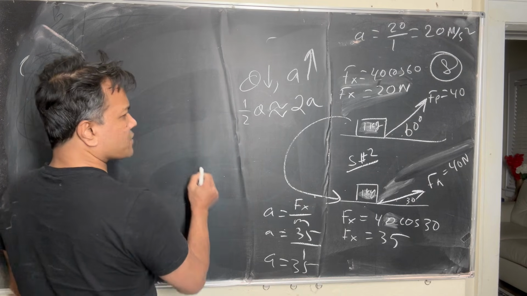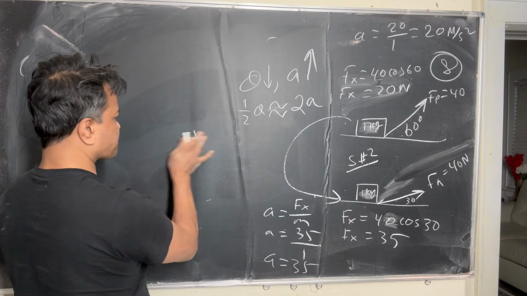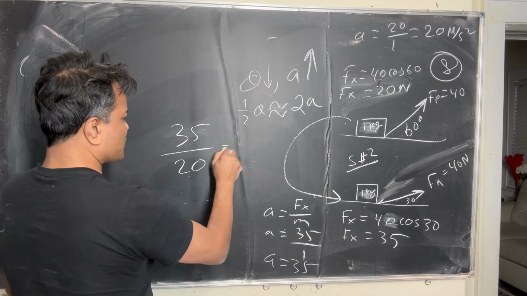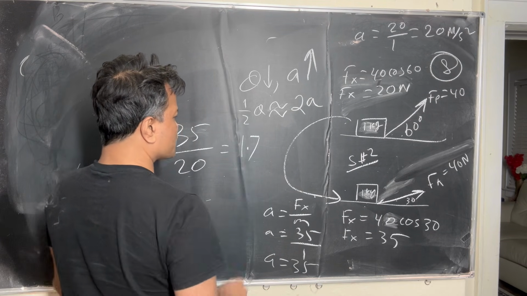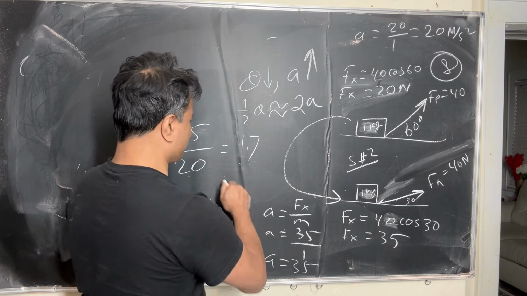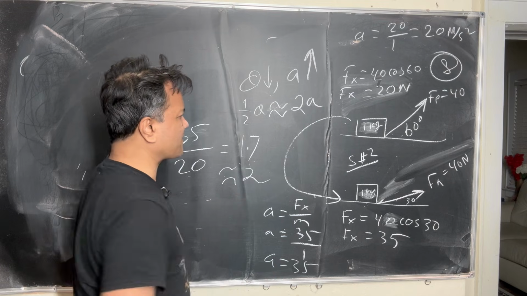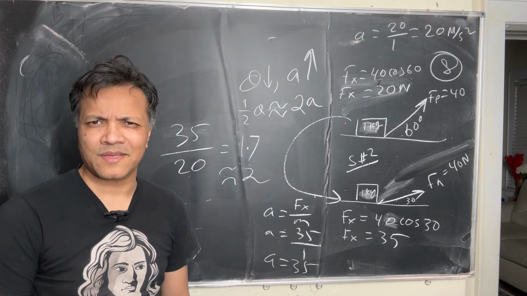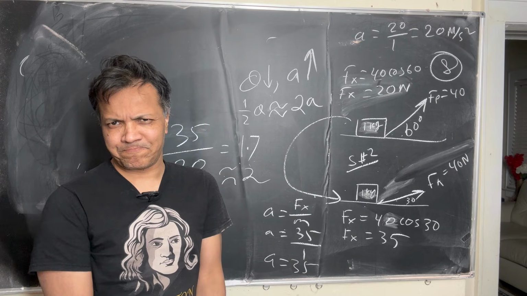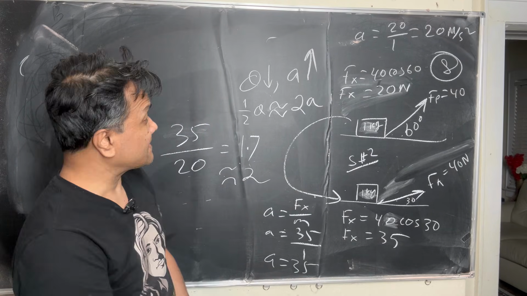Okay, now you have 35 divided by 20, which is 1.7. So it's 1.7 times bigger, or we can say almost 2 times bigger. If the angle goes down by half, acceleration goes up by almost 2. Okay, that's problem number 8.